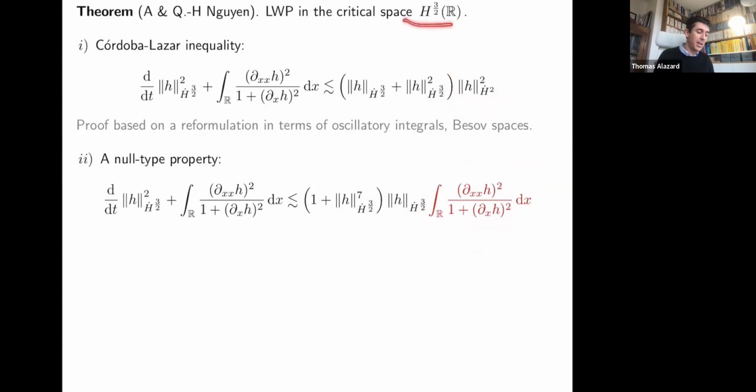The main difficulty is precisely the fact that this space is not embedded in the Lipschitz space, so we do not have a control of this term, and in particular, this term does not control this term, so that you cannot close the inequality. But using null type properties all along the proof, in fact a different proof, you can verify that you can replace this factor by this one.